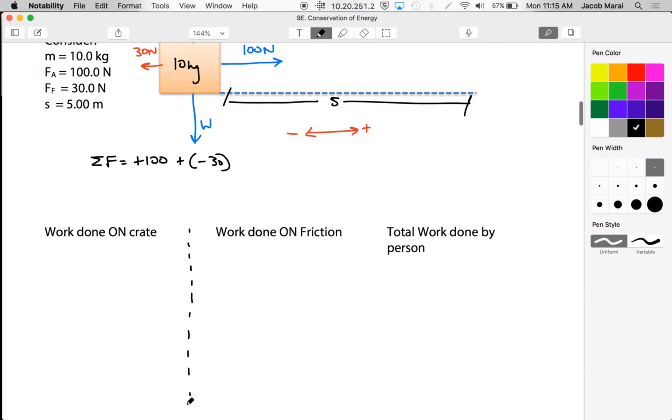It doesn't know that there's a 100 Newton war that way and a 30 Newton tug of war that way. It just goes, I'm a box, I'm feeling 70 Newtons that way. And that's the energy that it gets. So we would say the work done on the crate is the unbalanced force on the crate. So it gets 350 joules.